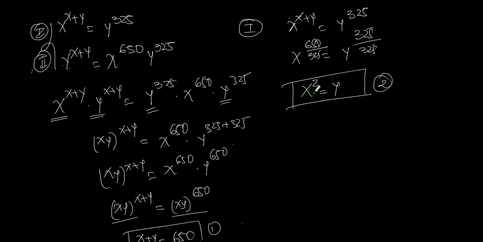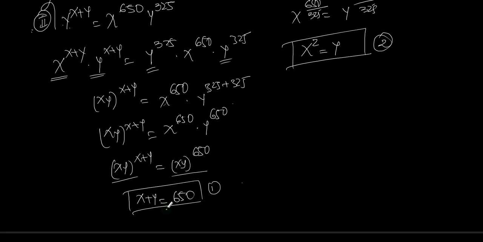If x squared is equal to y, I'm going to pick this value and replace it in our first equation, x plus y equal to 650. So the value of y is x squared, so x squared plus x is equal to 650. This is a second degree equation.